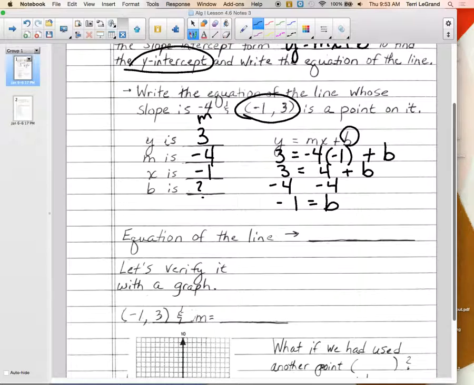So we know our b value now. Remember, we can write the equation of any line in slope-intercept form once we know its m value and its b value. Do we know both of those? Do we know m? And we just found b, so what's the equation of our line?